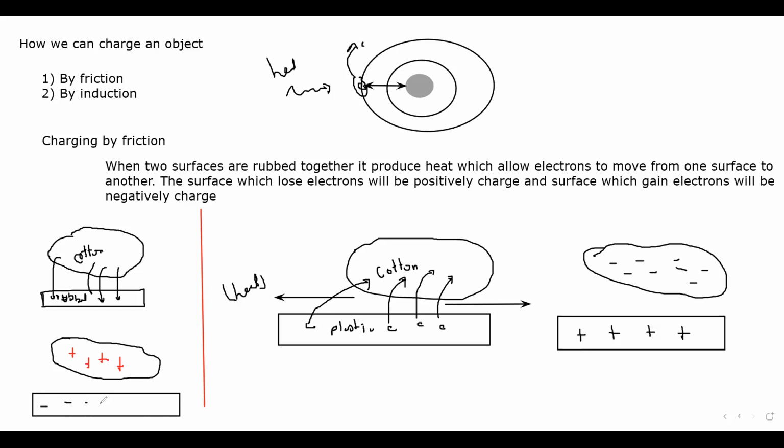Why is it like this? Why not every time the cotton is negative? Because it depends on the force of attraction between the electron and the nucleus in the two materials. The material in which the nucleus has a weaker attraction to the electron will lose electrons and is likely to form a positive charge.